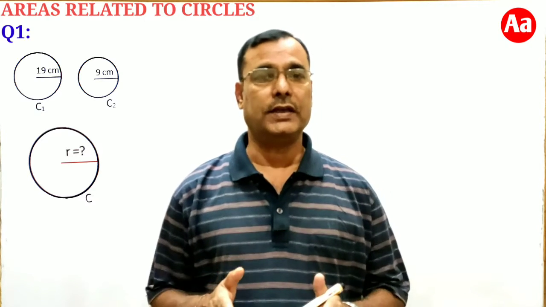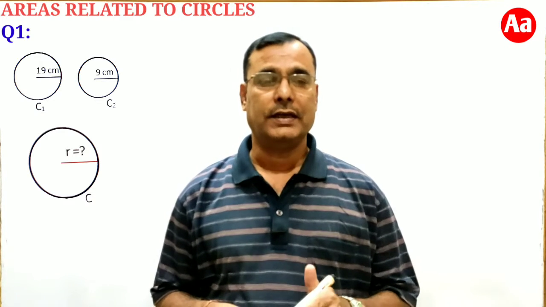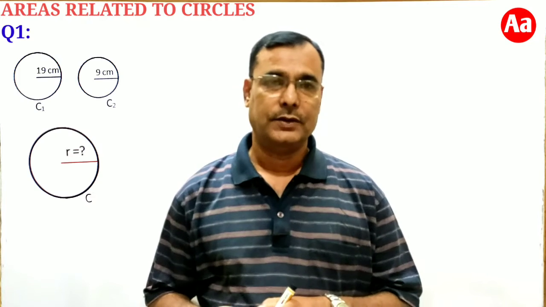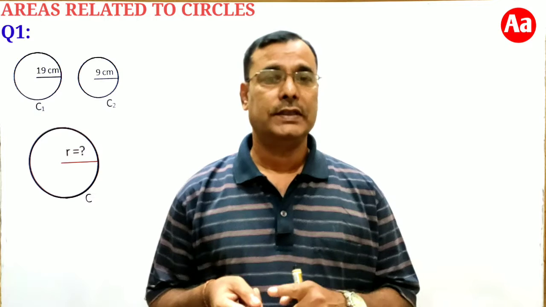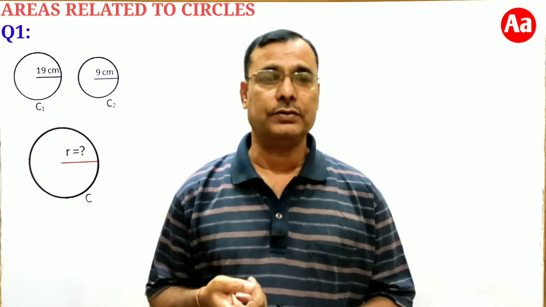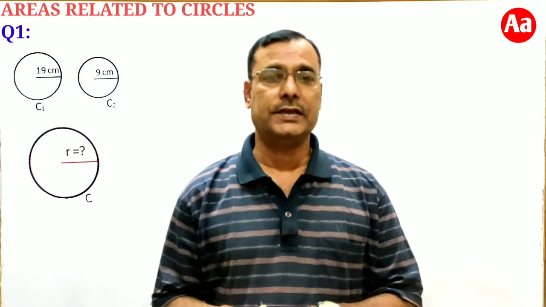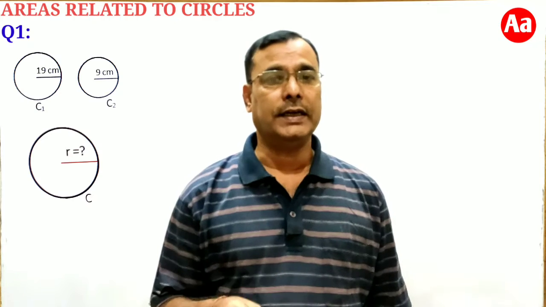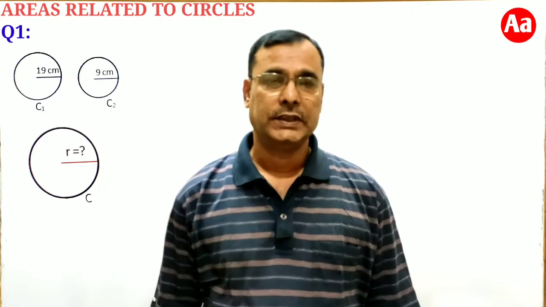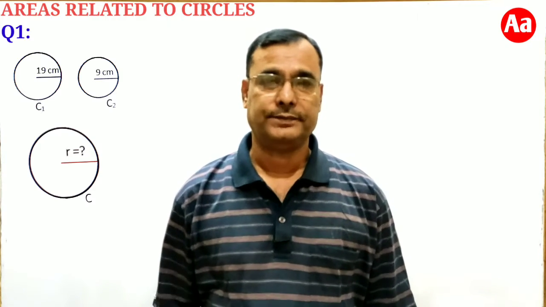In this question we are given two circles of radii 19 cm and 9 cm. We have to find radius of another new circle whose circumference is equal to the sum of circumferences of the two given circles. Let r1, r2 denote the radii of the two given circles and let r be the radius of the new circle.